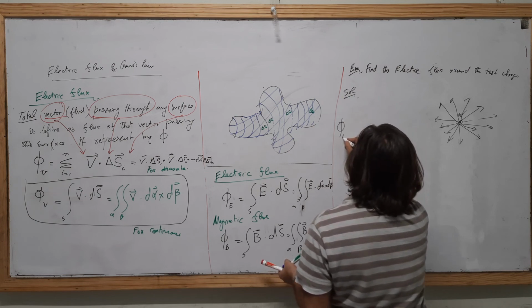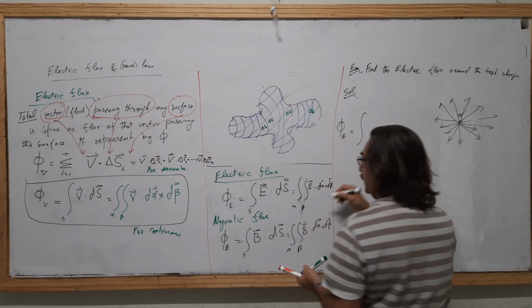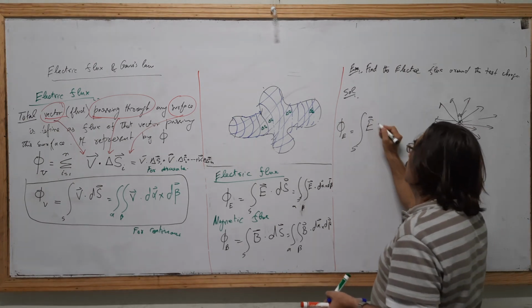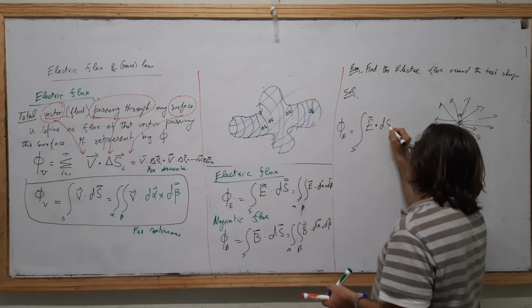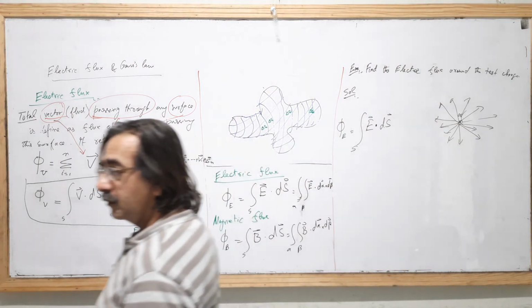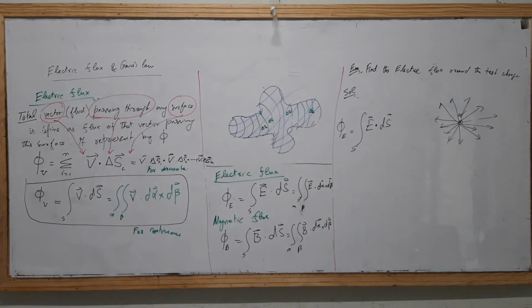Phi E is equal to, as I have already explained, the integral of E dot ds.